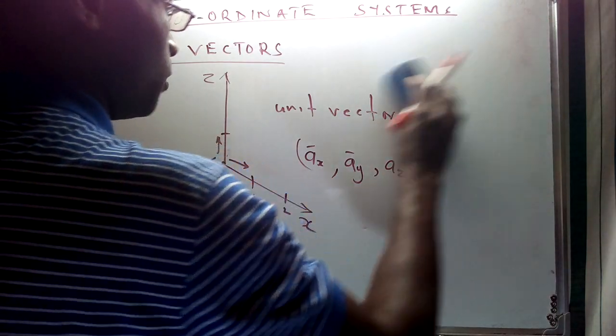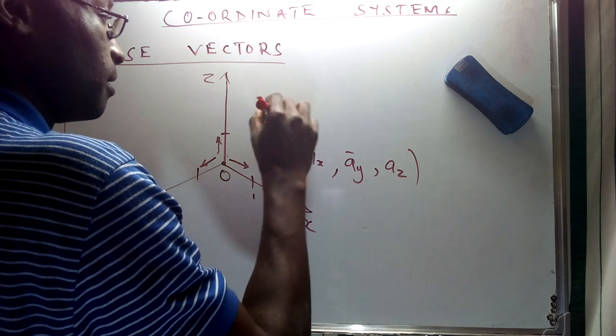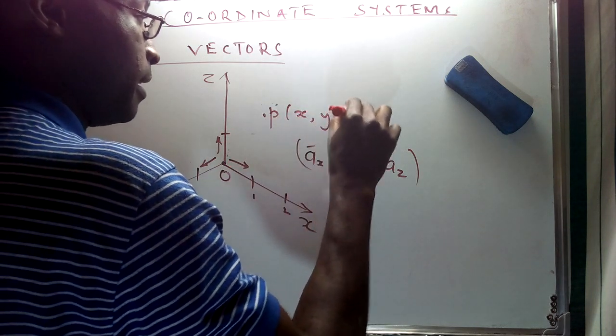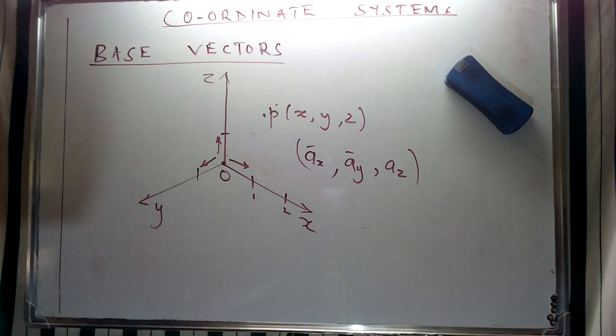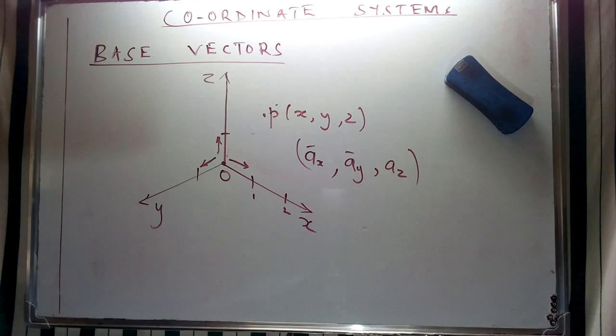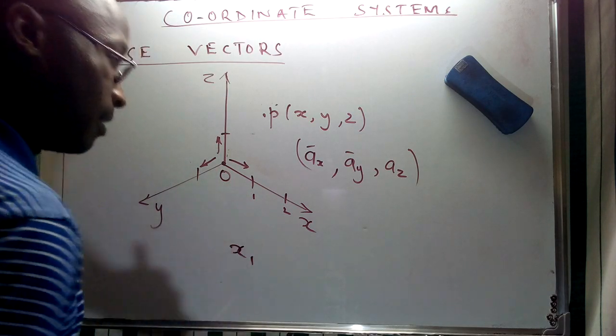And for the general case, we have said that we can represent a unit in the coordinate system, perhaps point P, using the x, y, and z given as such. So in trying to see how we can represent the vectors that are joining the origin to this specific point, we can give a general example for the base vectors for the unit along the x-axis.